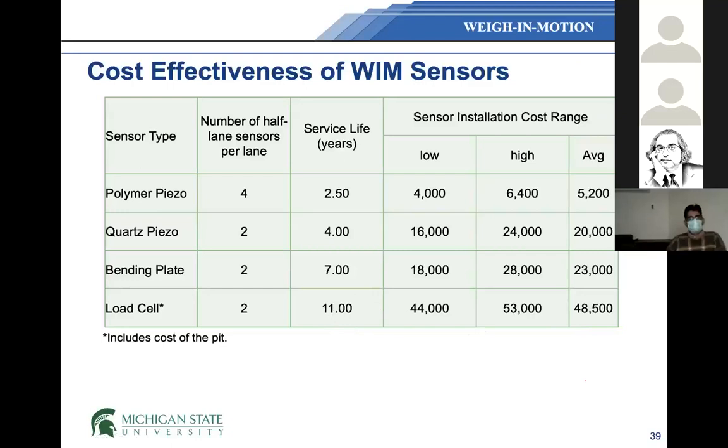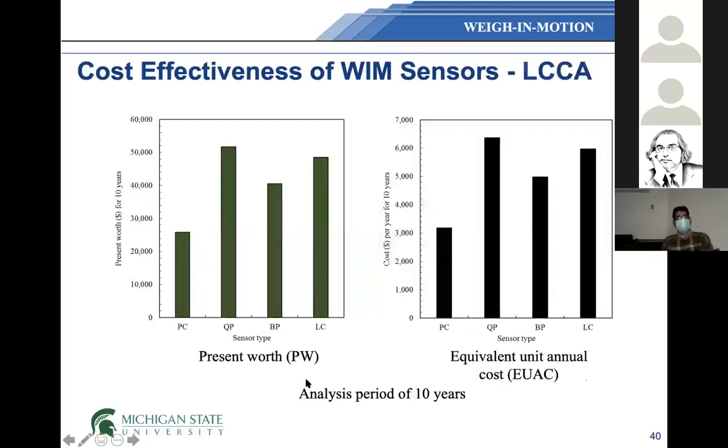That means if we do a life cycle cost analysis based on this data, if I'm getting a present worth for 10 years, that means for PC I need to replace maybe 4 times to meet a 10-year analysis period. QP I have to do probably twice, to come up with the 10-year period, and maybe bending plate twice, and load cell just once.